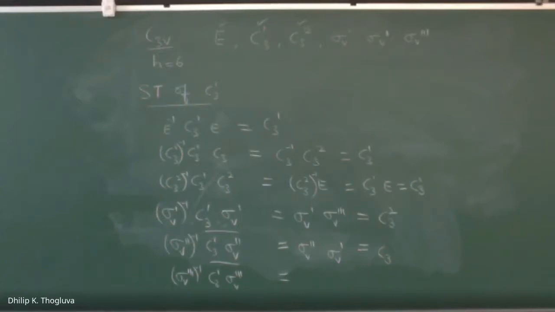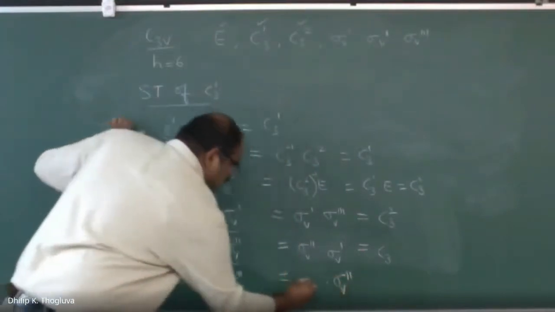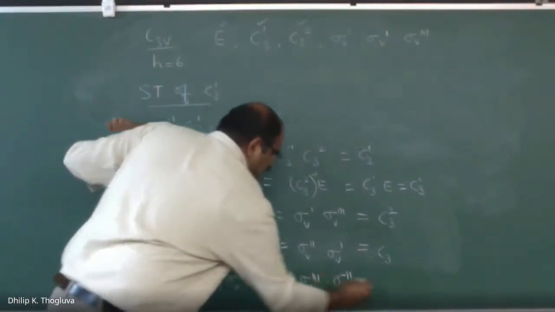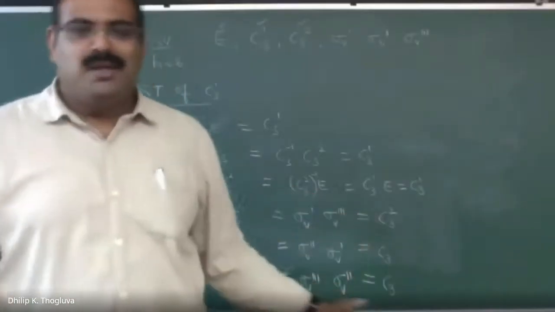So it's σv'' multiplied by σv'''. What will we get? C3 or C3²? Okay, so yeah, we just work it out. I get C3², but yes, check C3 too, sir. One says C3. Sir, the result will be either C3 or C3² only.